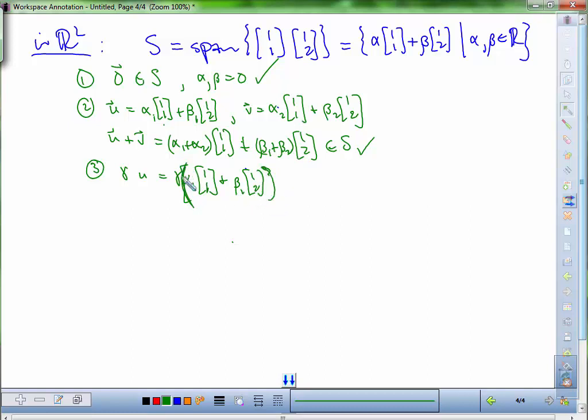I guess I should have just used regular parentheses. So this is gamma alpha 1 and gamma beta 1. And this is again in the same form as all those elements, so this is also in S.